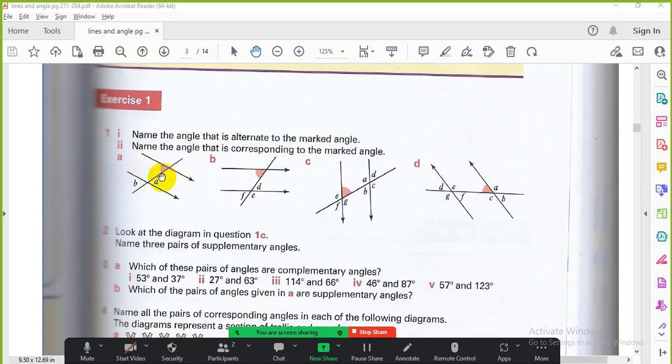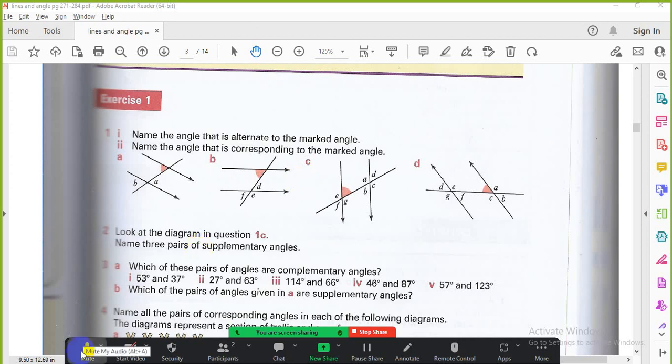So you must write which letter represents the alternate, whether it is A or B. Question B, which letter, whether it is F, E or D, like that. That is Roman number 1. Roman number 2, name the angle that is corresponding to the marked angle. That is for corresponding angle. Is that clear? Yes, sir.